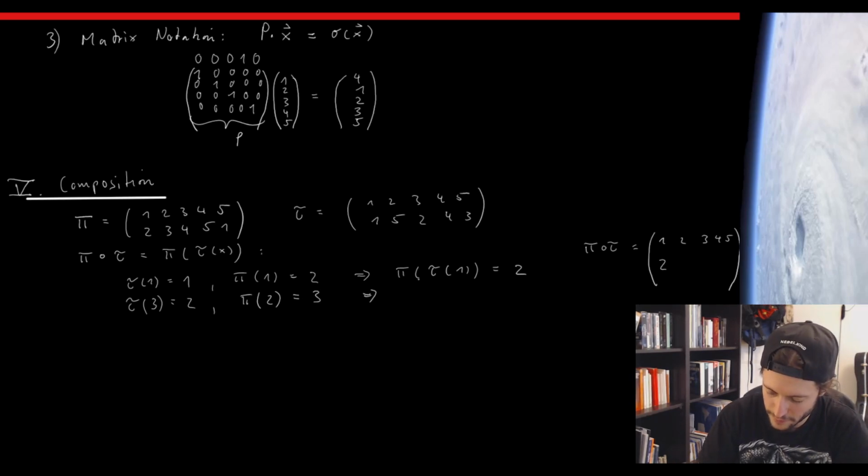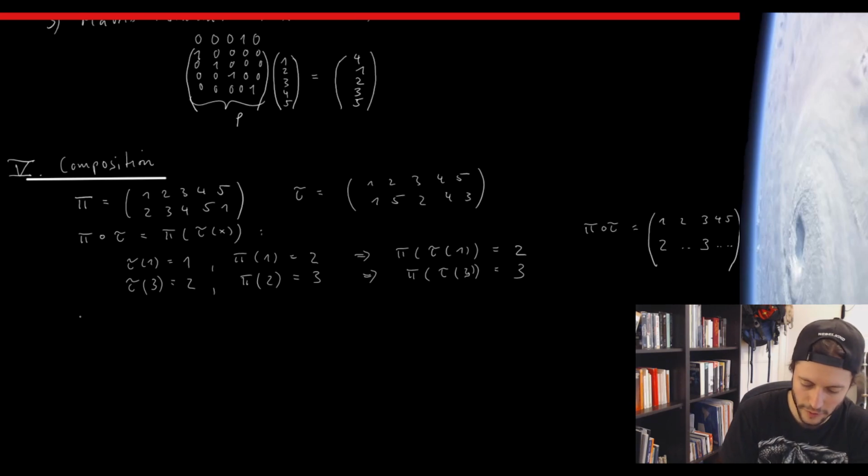So in the combination, actually nothing happened to the 3, because tau mapped it to the 2 and pi mapped it back to the 3, equals 3. And you can fill in the rest.